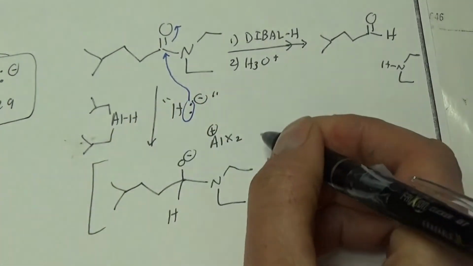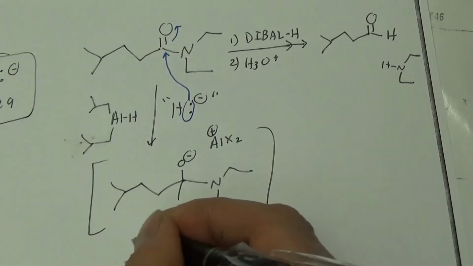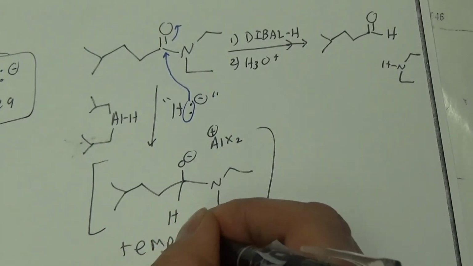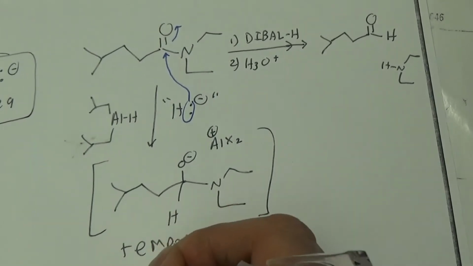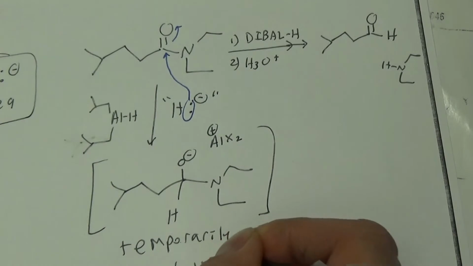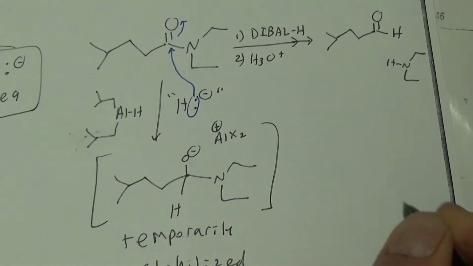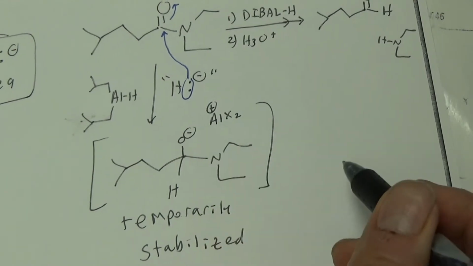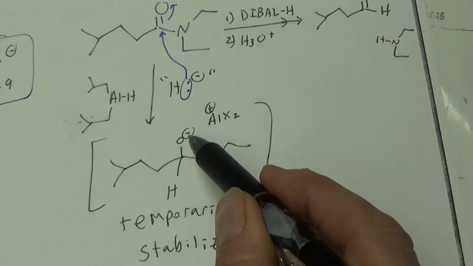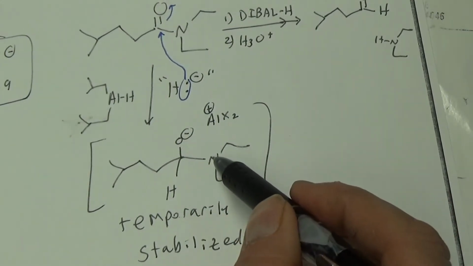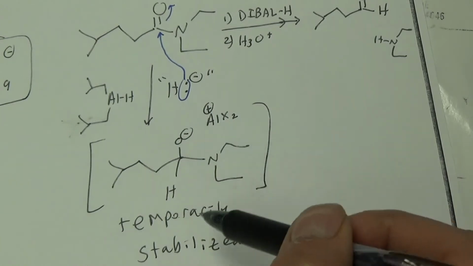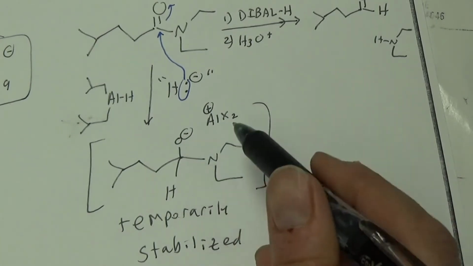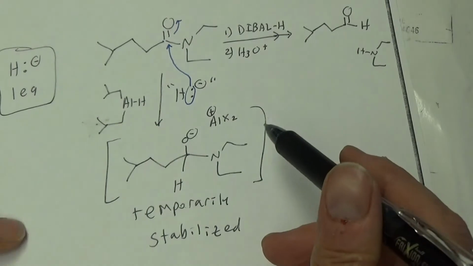But this thing, just like with esters, is temporarily stabilized. By temporarily stabilized, I mean oxygen does not kick off nitrogen, nor does nitrogen kick off oxygen. It stops here.